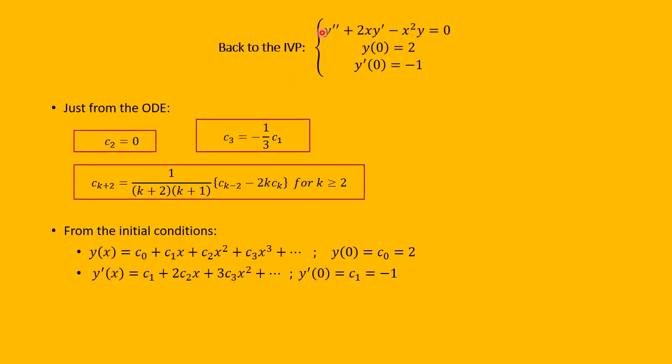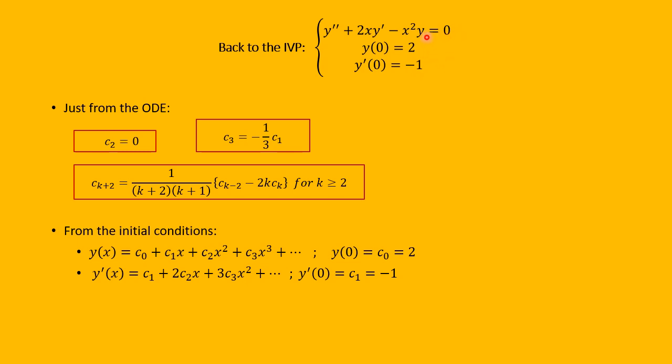We have seen two linearly independent solutions to this differential equation up here, and the general solution just to this differential equation would be an arbitrary linear combination of what we called y sub 1 of x and y sub 2 of x. But now we're going to consider the entire initial value problem, the differential equation plus initial conditions. Y of 0 equals 2, y prime of 0 equals minus 1.